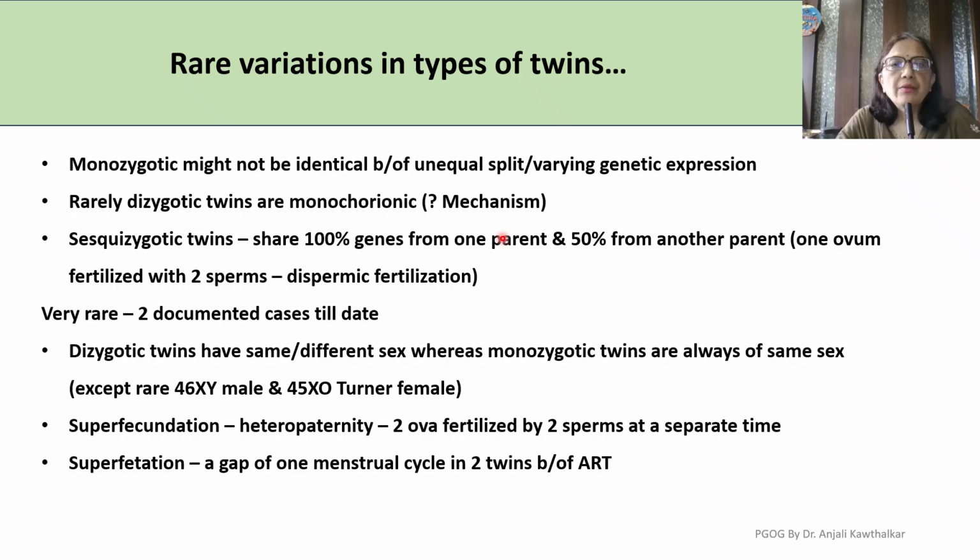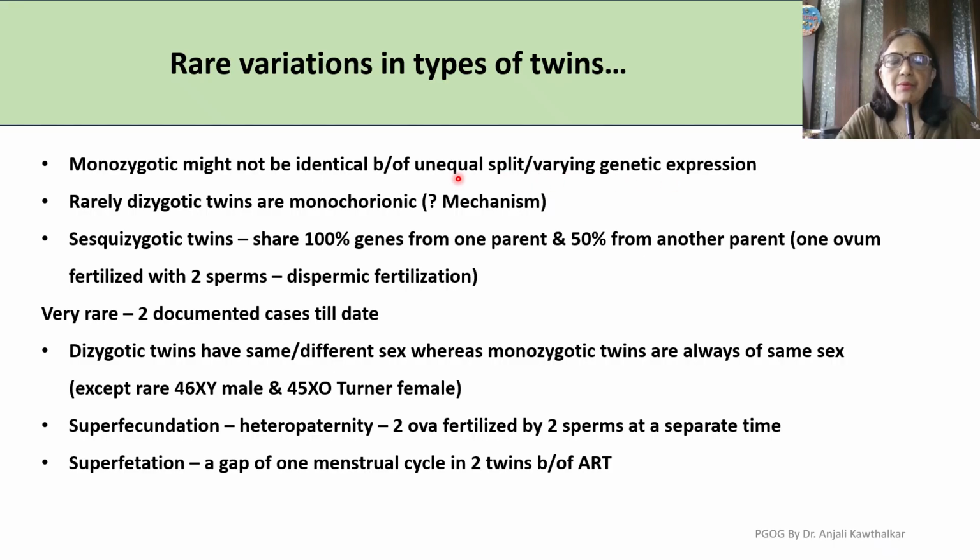Now, certain rare variations in the types of twins: monozygotic twins might not be identical. Though we call monozygotic twins identical, and we consider that the babies will always have the same genetic material and look exactly the same, that is a misconception. Sometimes they might not be identical because of unequal split or variation in the genetic expression.